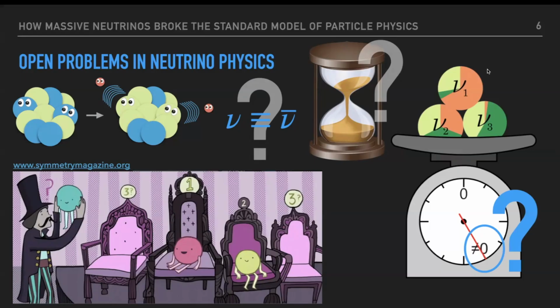But there are also other questions related to the actual neutrino nature, Majorana or Dirac, which is under current investigation by neutrinoless double beta decay experiments. And then we also have the mass ordering problem, which basically expresses the fact that we don't know if the third neutrino mass eigenstate is lighter or heavier than the other two.